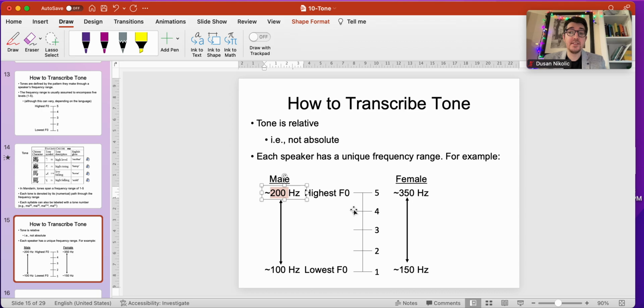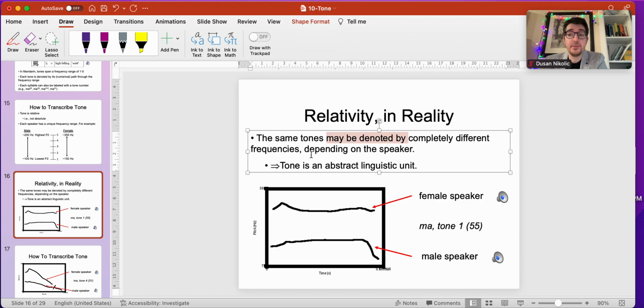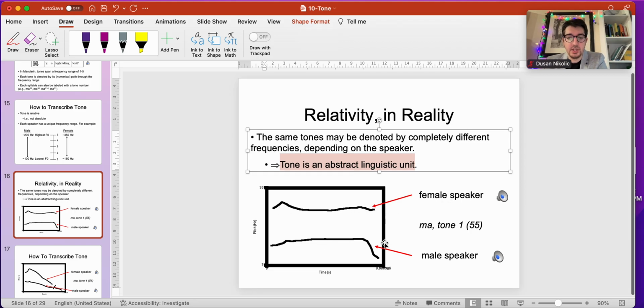So you would have the same tone with a different value of F0, or fundamental frequency. And relativity in reality looks like this. The same tones may be denoted by completely different frequencies depending on the speaker. Tone is an abstract linguistic unit, which we already established, because it changes the meaning of a word and it's quite relative. What we can measure, and what can help us determine which tone we have just heard or just produced, is the fundamental frequency.